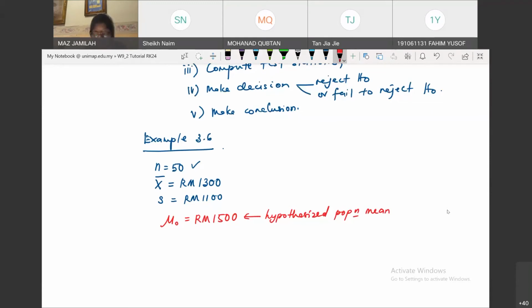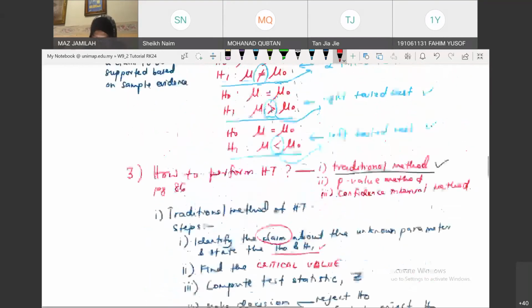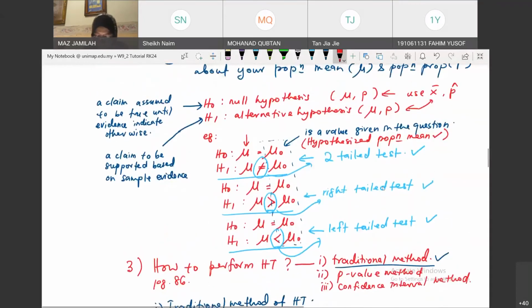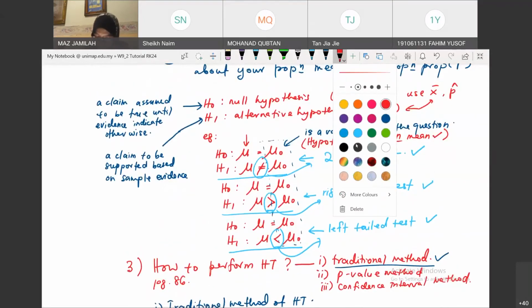Now, since the word used is, class, look at the word, is RM 1,500, is means equal to. We know that just now when we were talking about our statement, the statement can be in terms of this one.